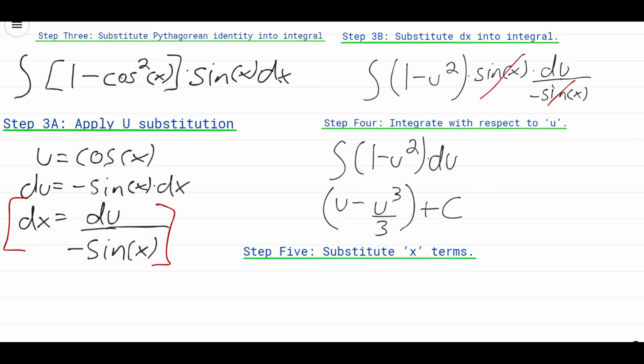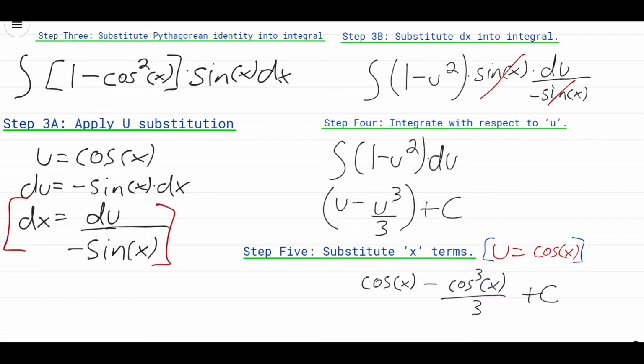We know our u was equal to cosine of x. So u is cosine x minus cosine cubed x over 3 plus c.